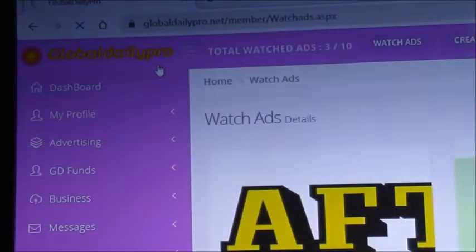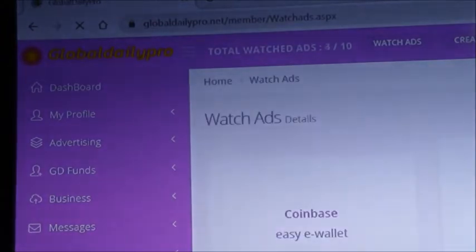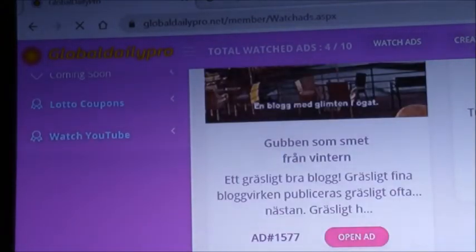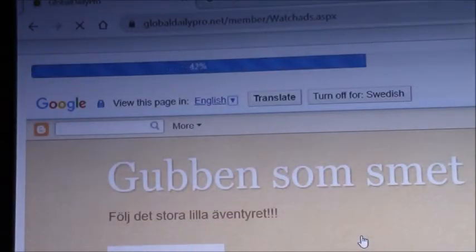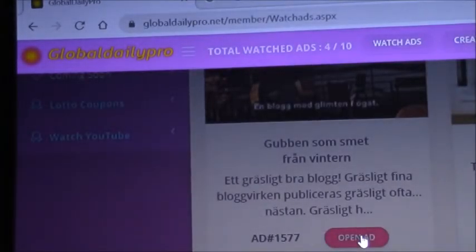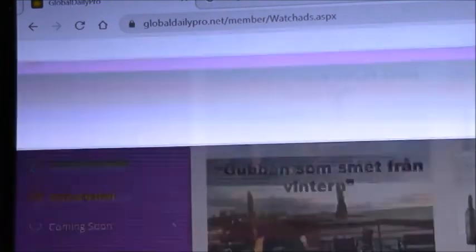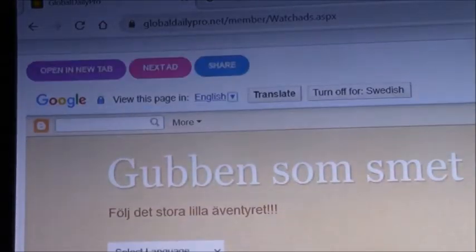And go to the next ad. So you will not say this is difficult, because see how fast that is? It's running so fast. It's just clicking ads every day. And so the next ad.